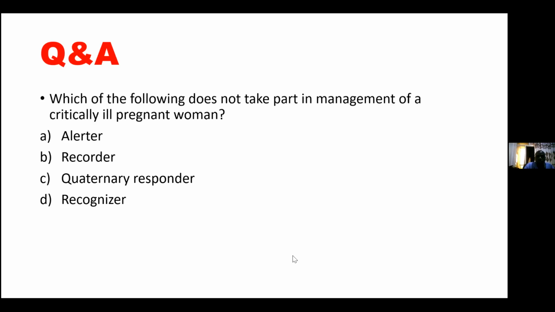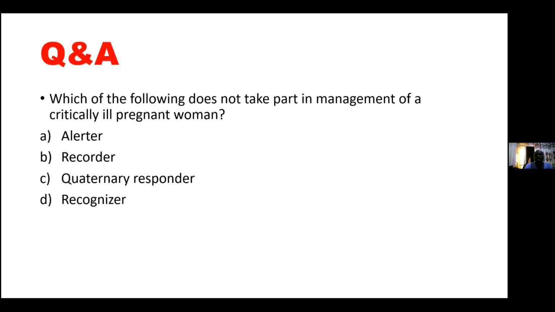From the chat, some of the people said B might be the answer. You can see the quaternary responder may not be involved in managing a very critically ill pregnant woman. So the best answer would be quaternary responder.